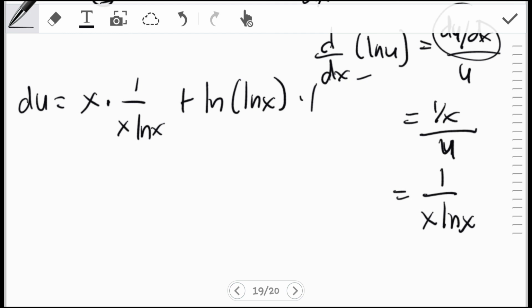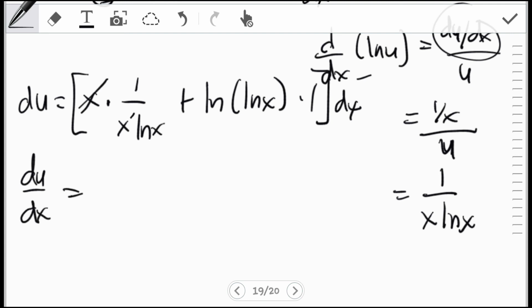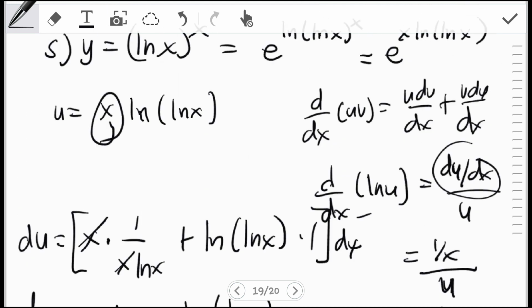So simplify. We can cancel the x here. So du over dx is equal to 1 over ln x plus ln ln x. That is our du over dx.